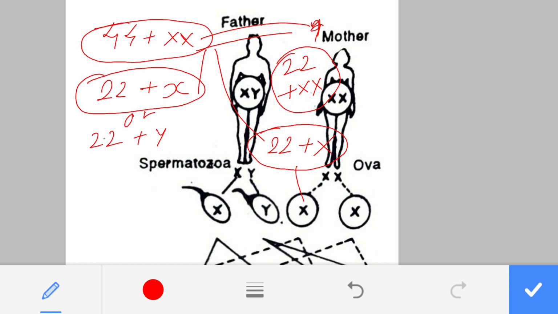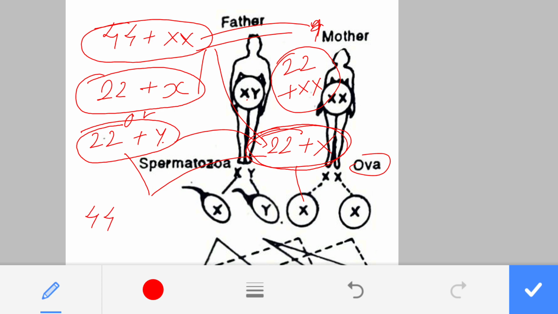Now if the father's sperm is having 22 plus Y chromosome, and in the ovum there is 22 plus X, and this sperm is fertilizing this ovum, then in the zygote there will be two sets of chromosomes, that is 44 plus XY.